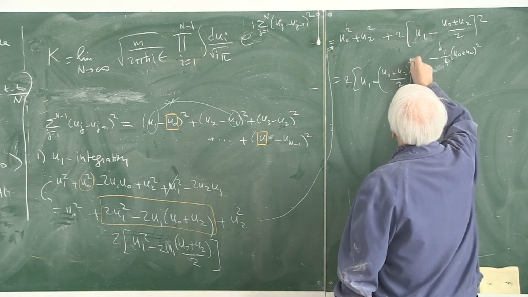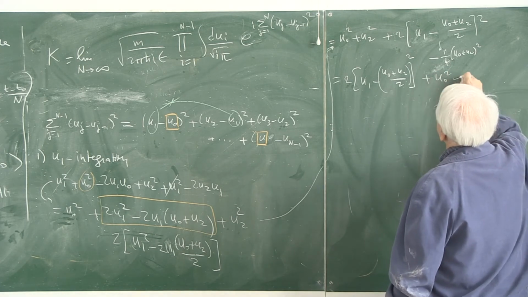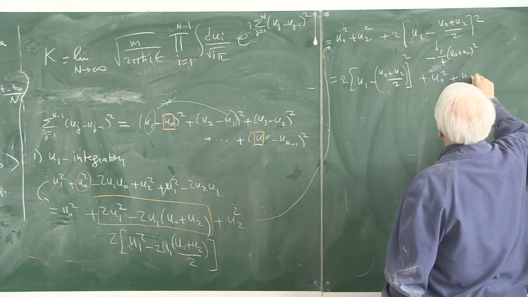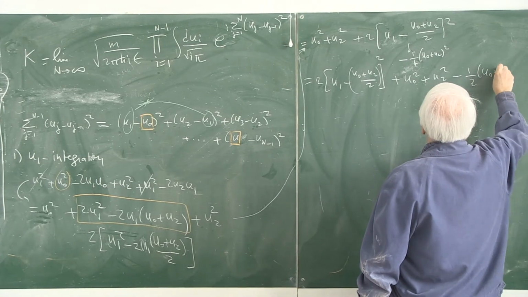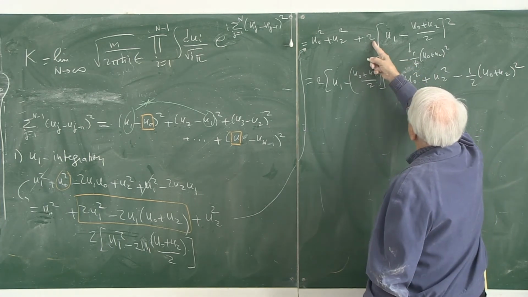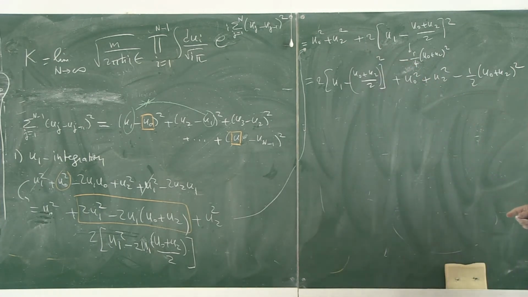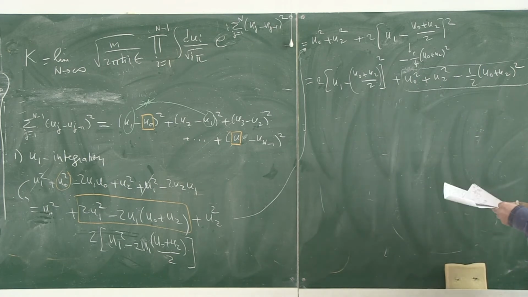Just to have the correct algorithm, let me carry it over, plus u0 squared plus u2 squared minus 1/2 u0 plus u2 squared. You say, why? That's a minus in here. There is an overall 2. Convert this to minus. I will carry out the u1 integration, but is there a simpler, nicer form of this leftover term?